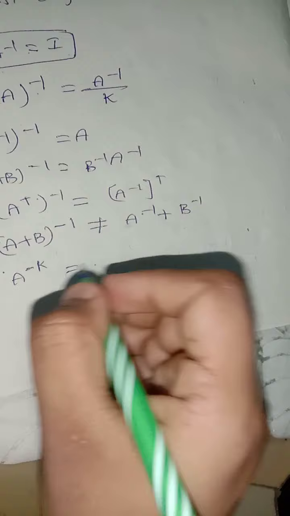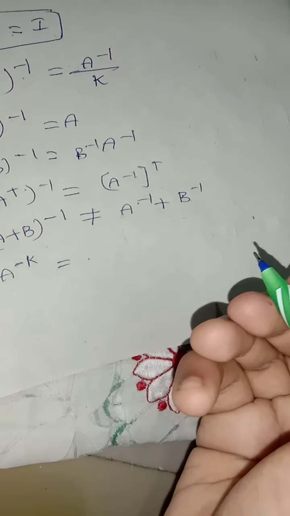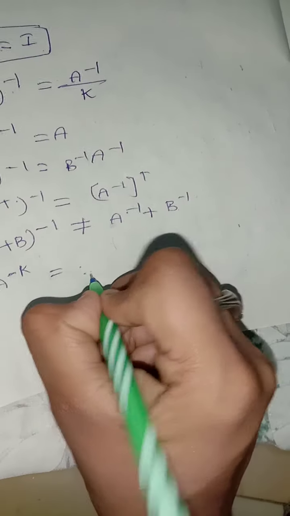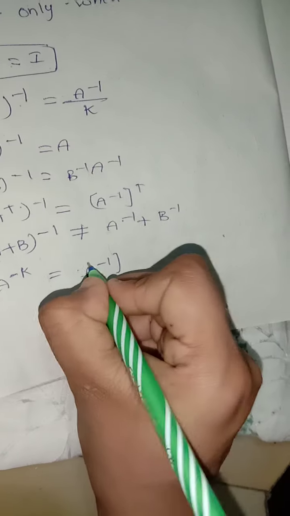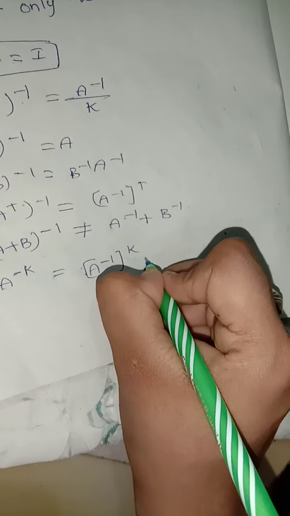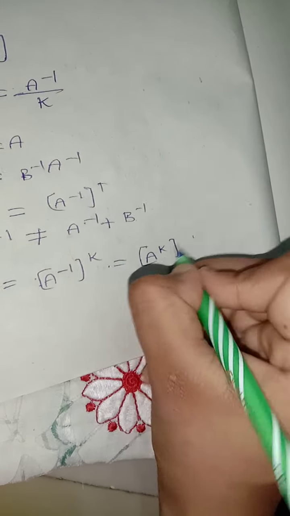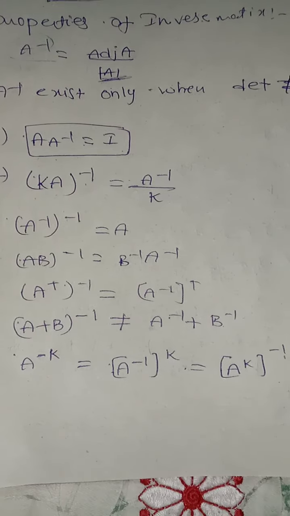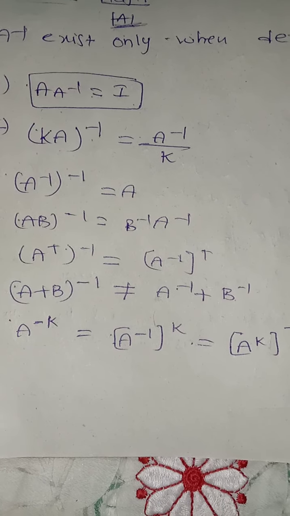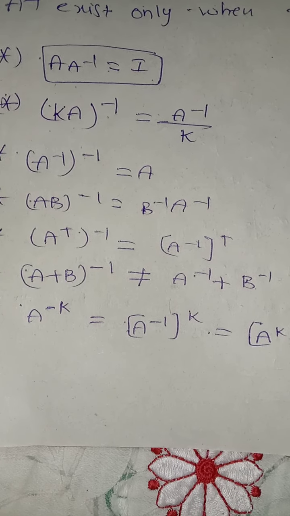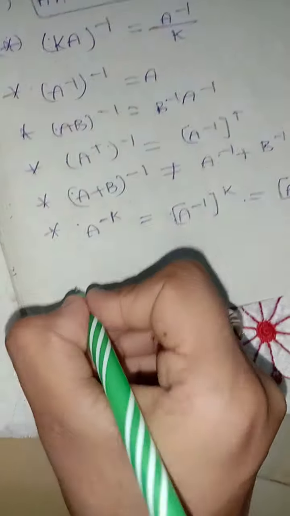A power minus K can be written as A inverse whole to the power of K, also written as A power K whole inverse.